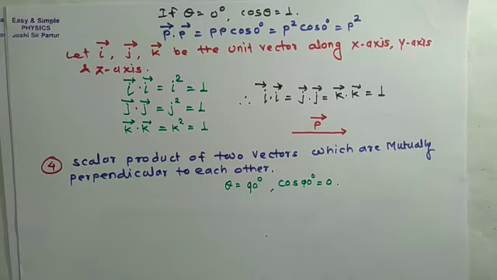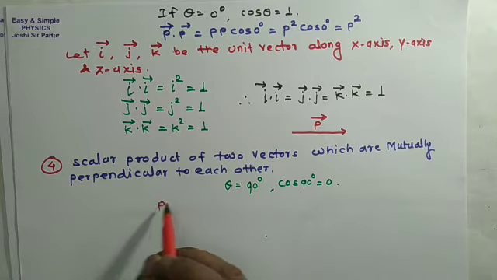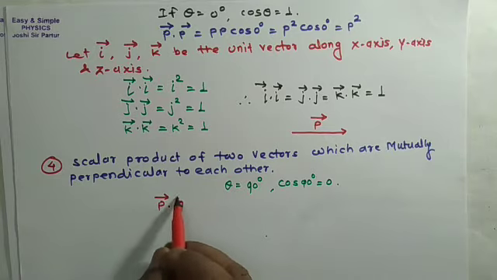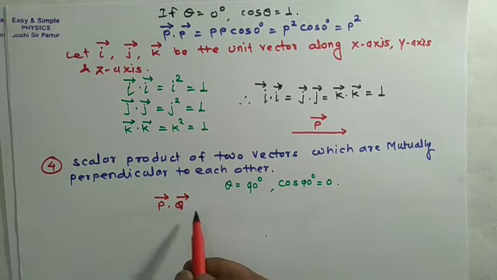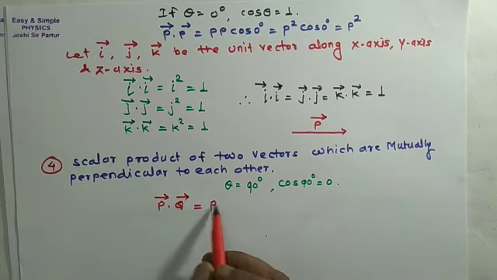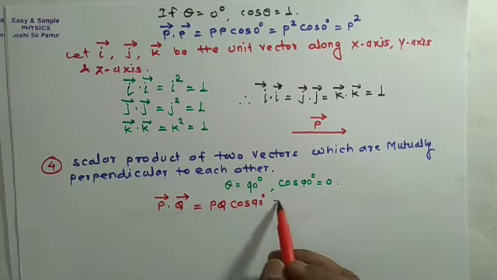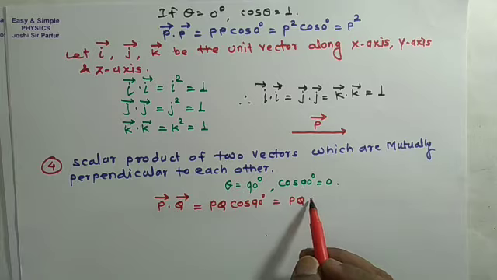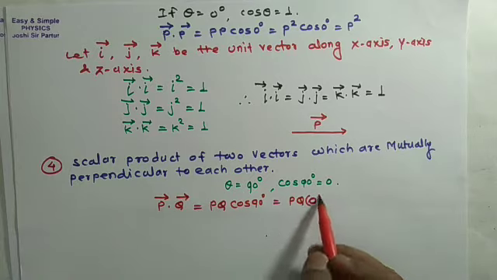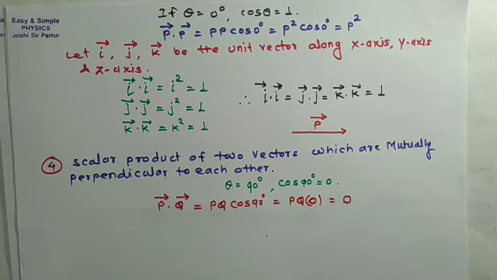The scalar product of two vectors, vector P dot vector Q, that are mutually perpendicular, by definition becomes PQ cos 90 degrees, means PQ times 0, which is 0. So if the scalar product of two vectors is 0, then the two vectors are mutually perpendicular to each other.